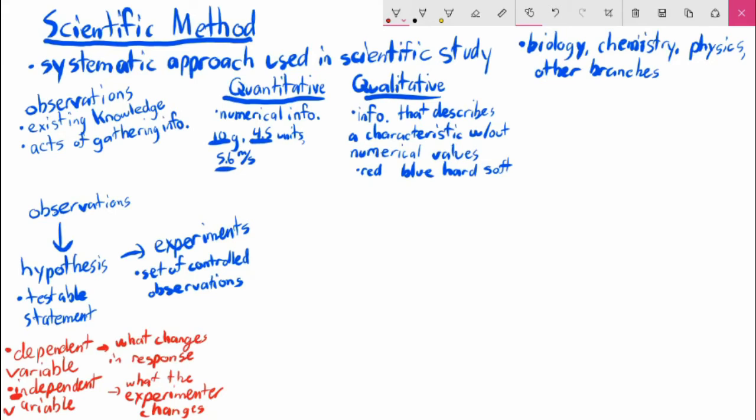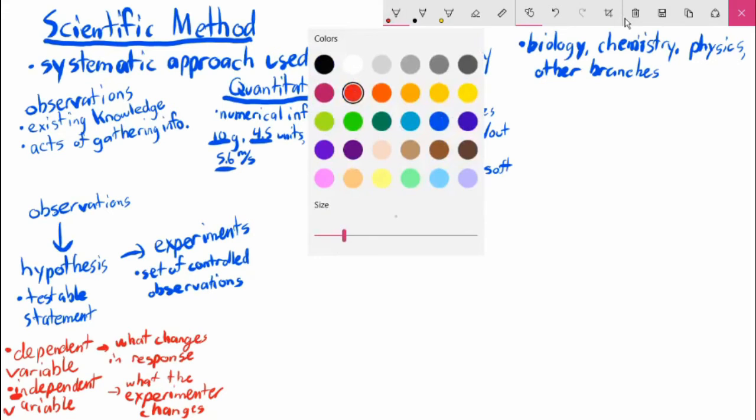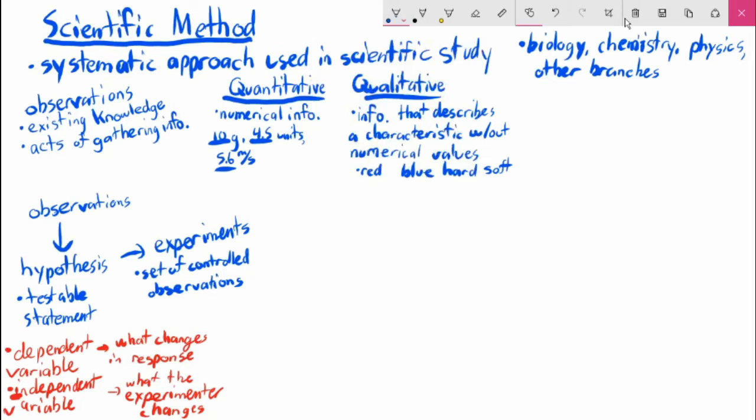Anyways, once the experimenter completes his or her experiments, he or she's going to reach the next stage of the loop, which is the conclusion. So conclusions are basically judgments. And these judgments are based off of data.